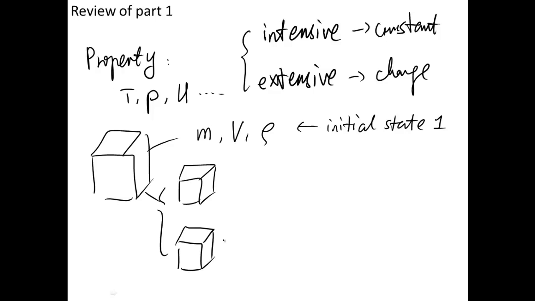It is common sense that the mass and volume for each new part will be half of those of the initial state. So m_new here is equal to 1/2 of m, and the volume V_new is equal to 1/2 of V.